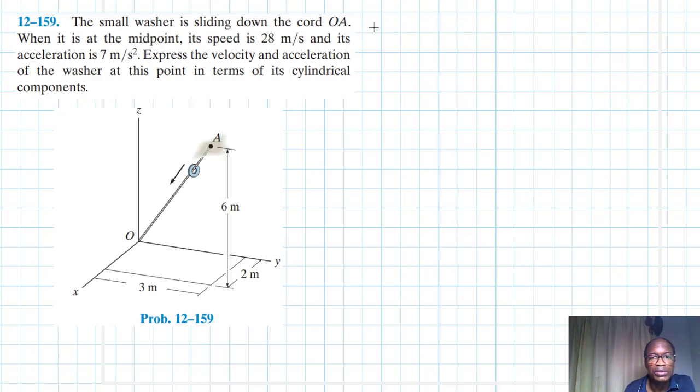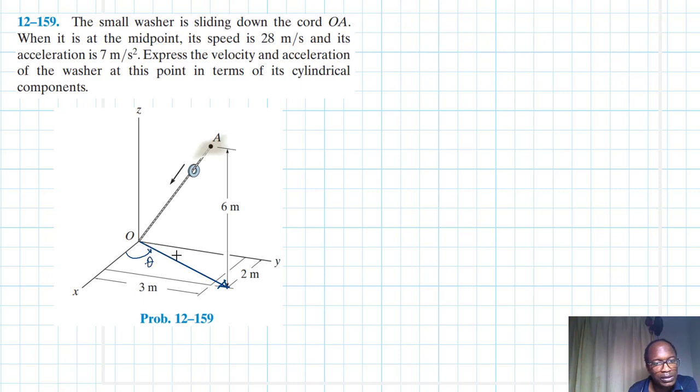Let me draw this. So we do have here our R, right? So we have theta here. Let's say this is our theta here, and this theta we know is constant, it's not changing.